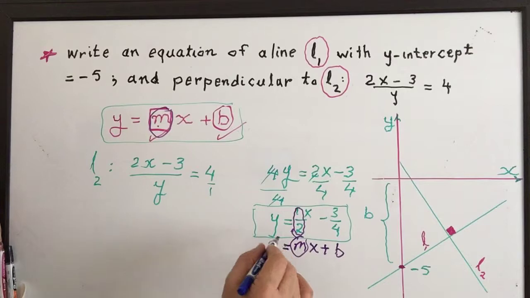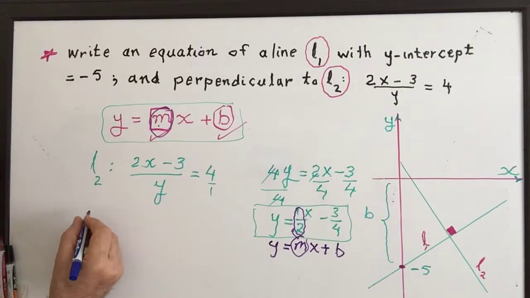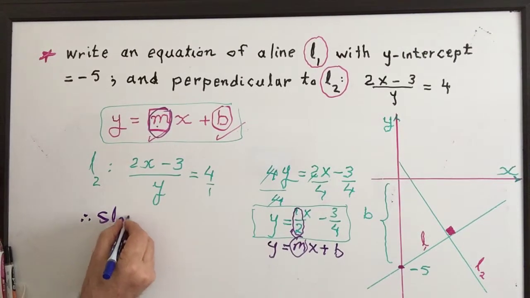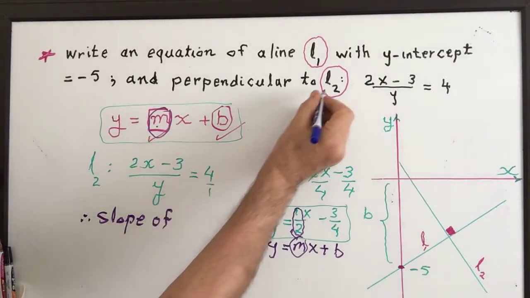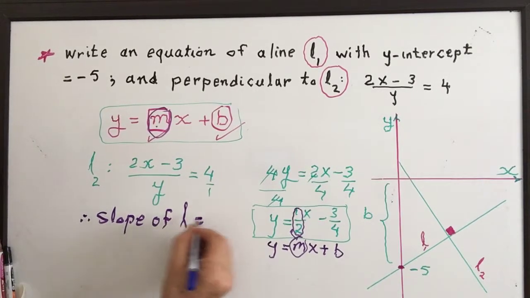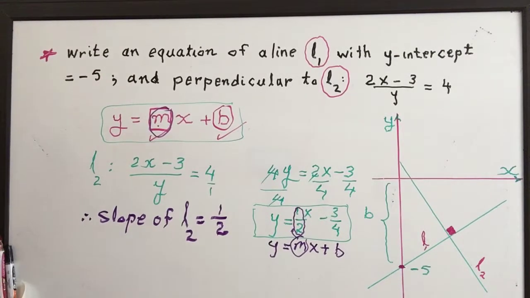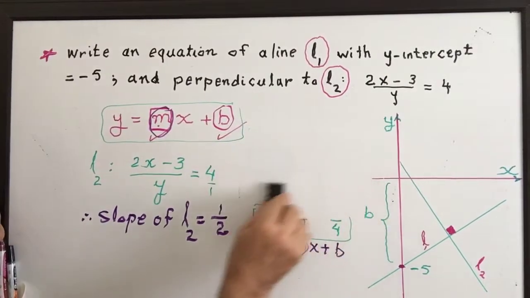This is the slope of the perpendicular line. So we write here: slope of the perpendicular line, which is L2, is equal to 1/2. From this point, we can find the slope of L1.